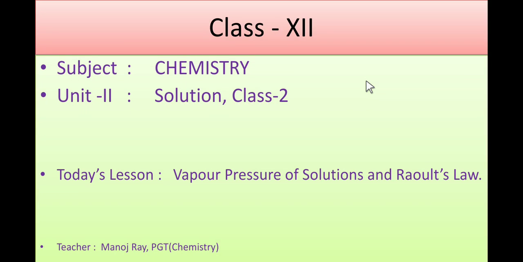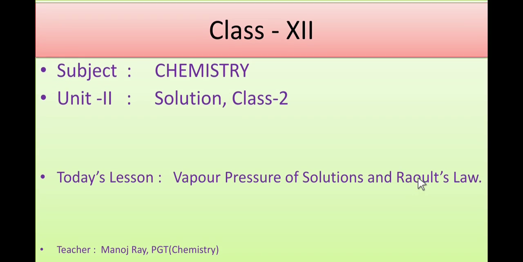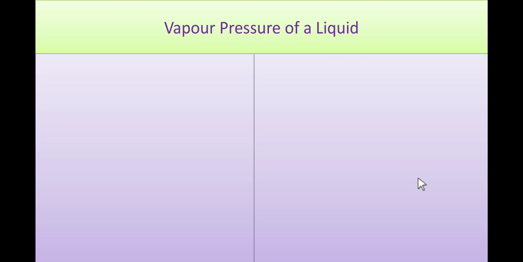In today's class, we will discuss solutions, that is unit 2. Under this chapter, today's lesson is vapor pressure of solutions and Raoult's law. Students, you know the gaseous state of a substance that exists either as liquid or as a solid at normal pressure is called vapor.